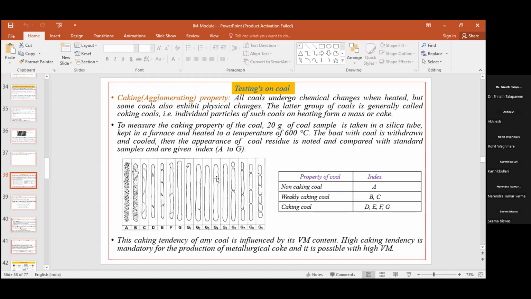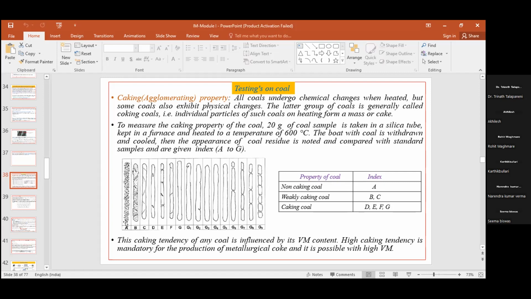So in this particular slide, we can see the standard chart ranging from A to G series. And also you can see the behavior of the coal under different series. The non-coking coals basically come under A category. We can see that it does not get agglomerated. It looks like perfectly separate individual coke particles.